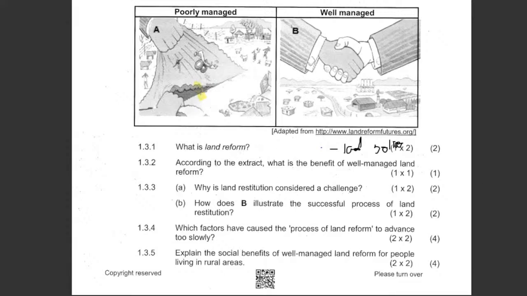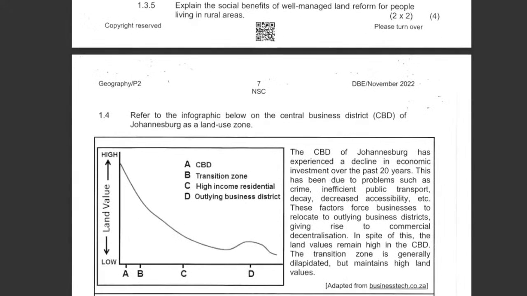So we come here. The next question says, according to the extract, what is the benefit of well-managed land reform? According to the extract. So we go back to the extract and we check the benefits.